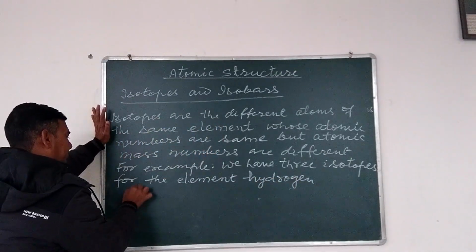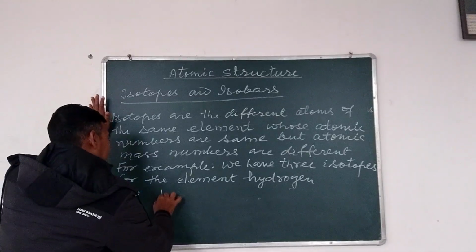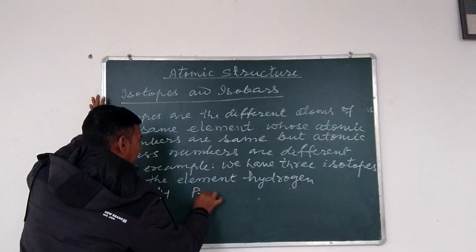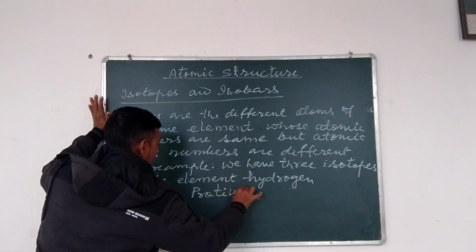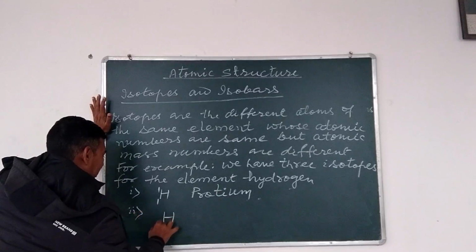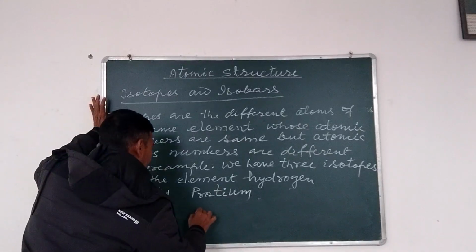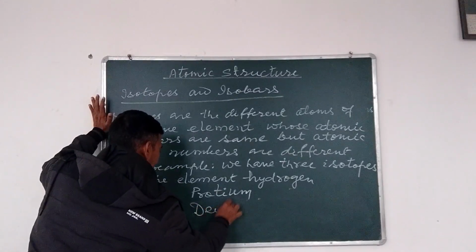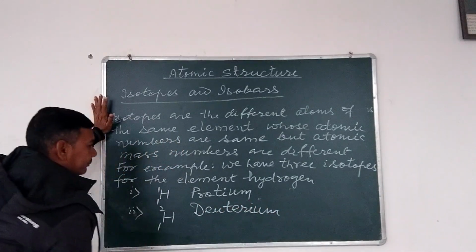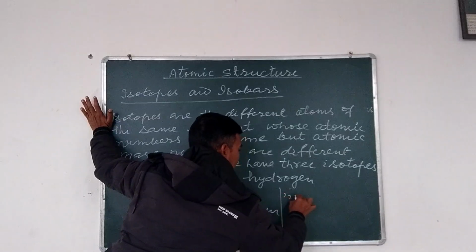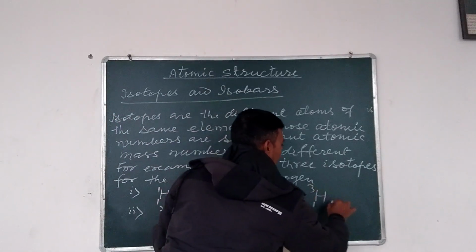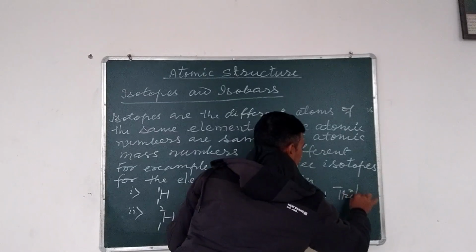Number one is this, known as protium. Number two is this, known as deuterium. And number three is this, known as tritium.